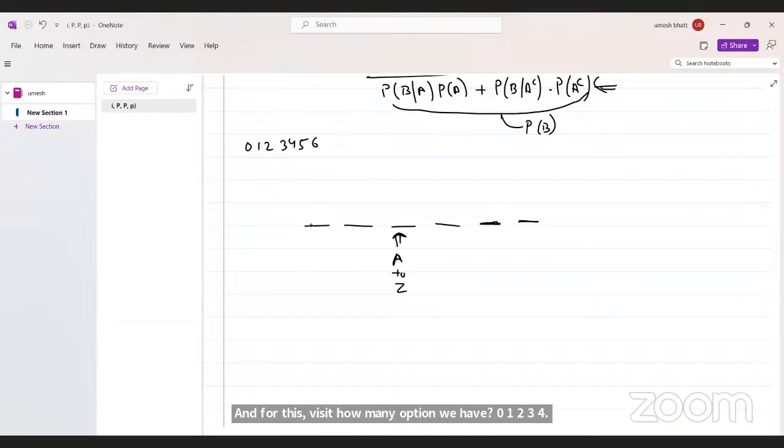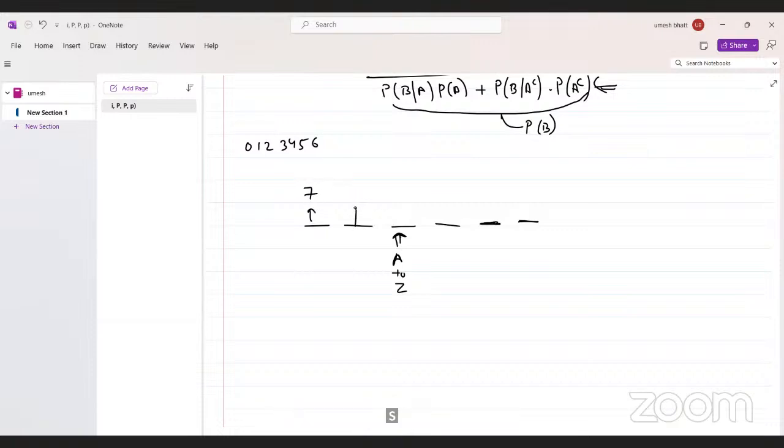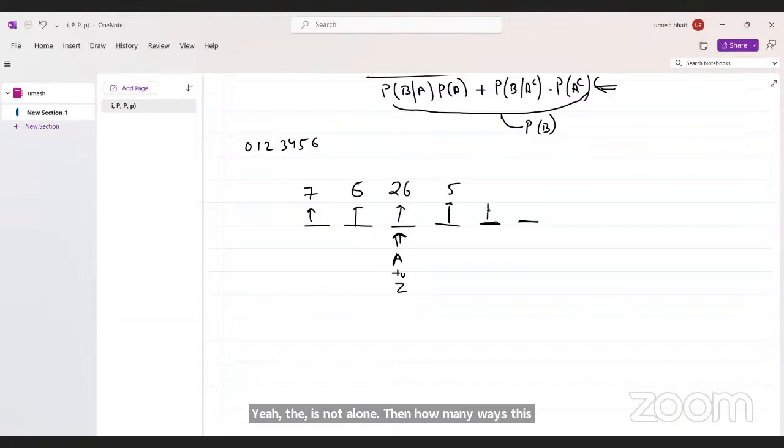So how many ways can I choose this letter? 7, 7, then 6. Why 6? Repetition is not allowed. Then this can happen in 26 ways. This is 5, 5, 4, 4, 3. So what's the answer?